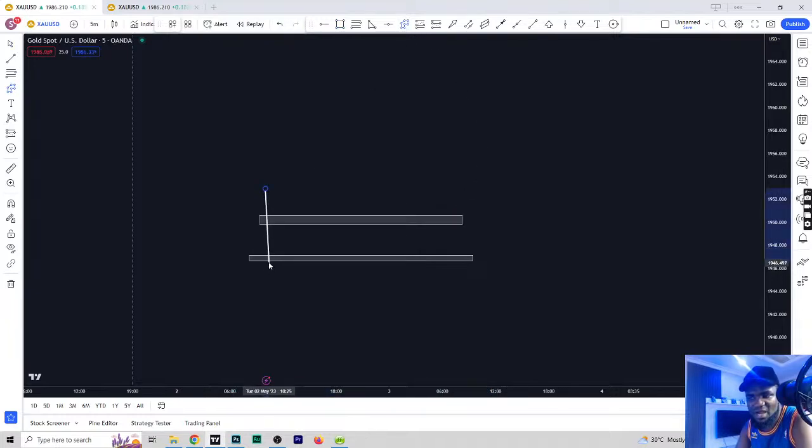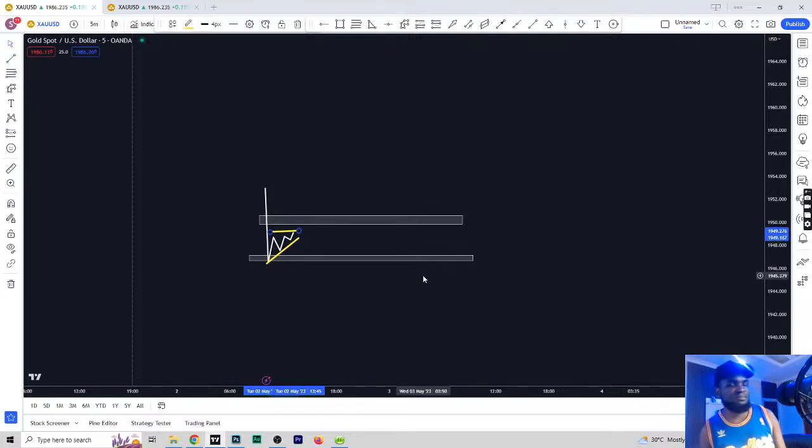Market is coming up, making consolidation in the form of a wedge pattern. After that, the market makes a triangle. And to make it clear, the market can make a rising pennant or falling pennant or whatever. It depends on how the market is operating.